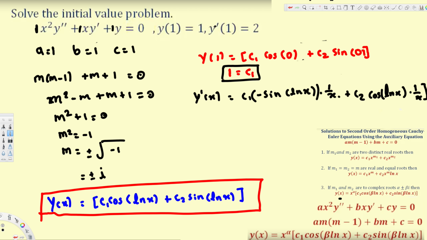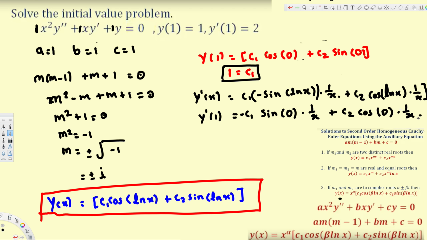Now we know that y prime of 1 is equal to 2, so let's see what we get from this. Here we know c1, let's put the negative in front, sine of ln 1 is going to be 0, multiplied by 1 over x, and here we have c2 cos of ln 1, which is again 0, times 1 over x.